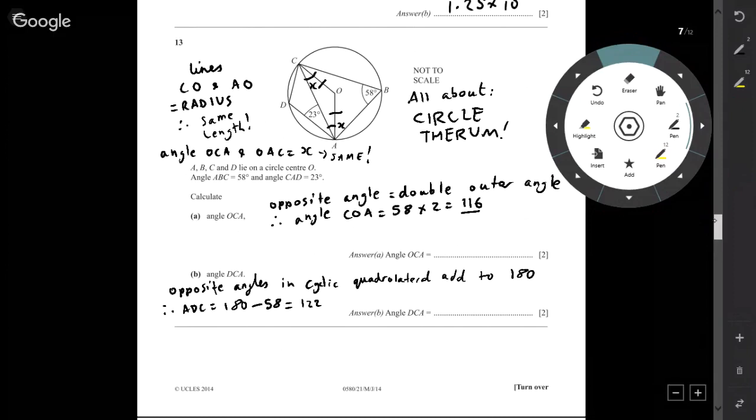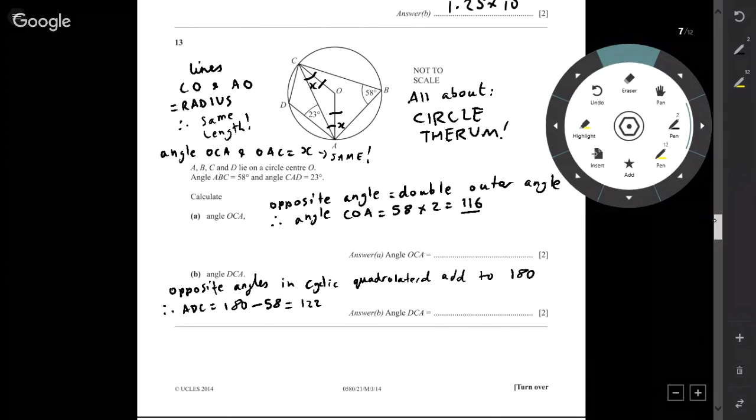O is the center. So from this, we can tell that CO and OA are the radius, so they're the same length. That automatically makes this an isosceles triangle, so this angle is the same as this angle. That really helps us out.